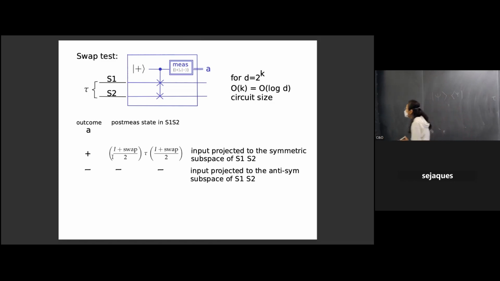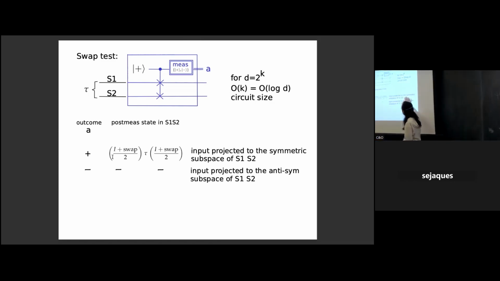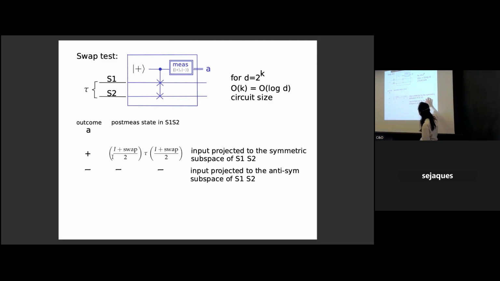Depending on the outcome, you may have projected the input onto the symmetric subspace or the anti-symmetric subspace. Correspondingly, we see that the measurement outcome is plus or minus.